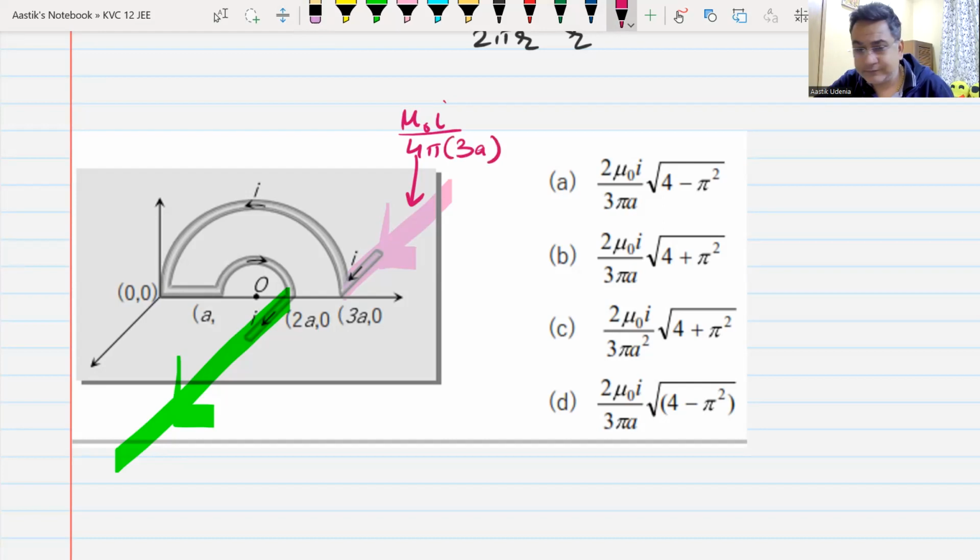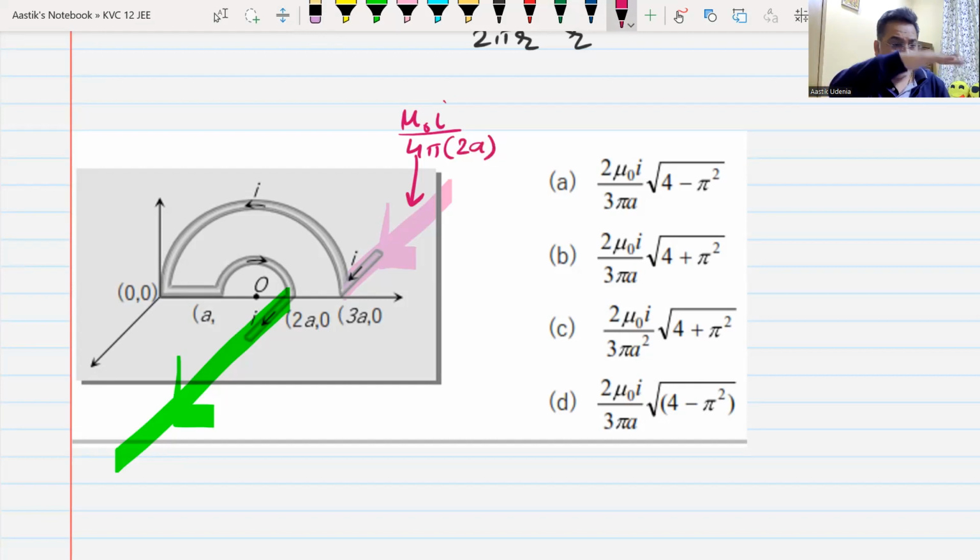No, it's not 3a. I think it is 2a, right? The distance from the center O is 2a, not 3a. We understand this?